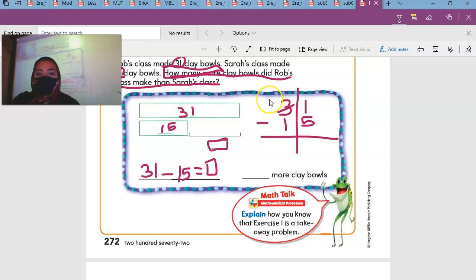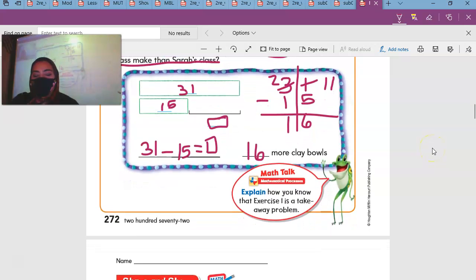So 3 becomes a 2 and 1 becomes an 11. 11 take away 5 is 6. 2 take away 1 is 1. How many more? 16. 16 more.